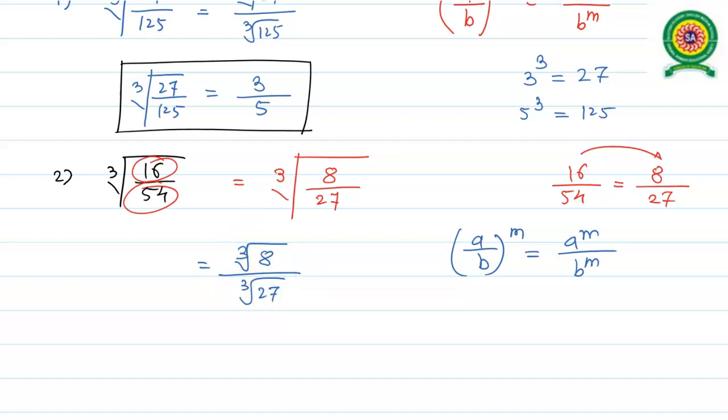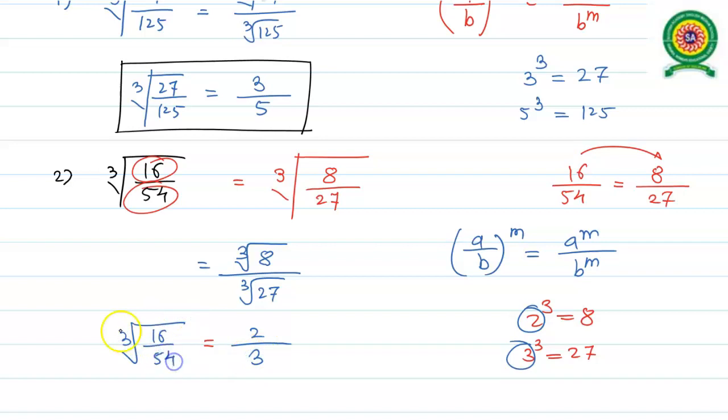Now we well know 2 cube is 8 and 3 cube is 27. So 8 is the cube of which number? The cube root of 8 is 2. Keep in mind. 27 is the cube of which number? That is 3. So cube root of 27 is 3. So ultimately cube root of 16 divided by 54 equals 2 divided by 3.